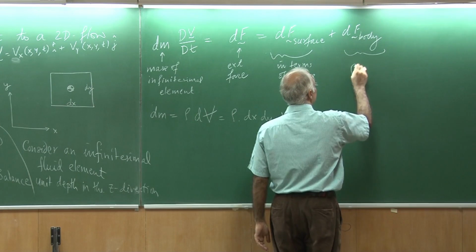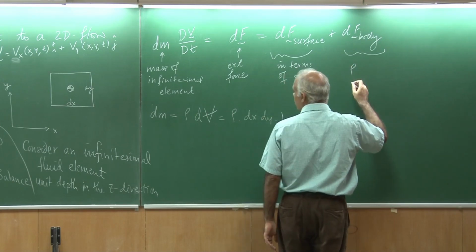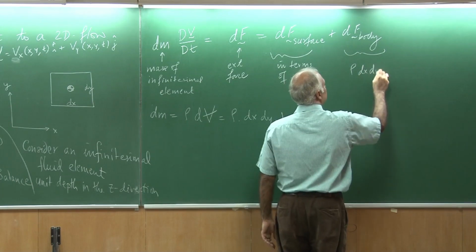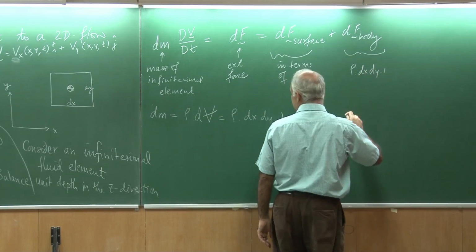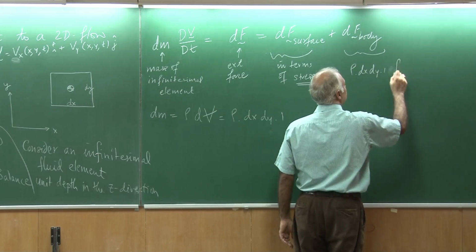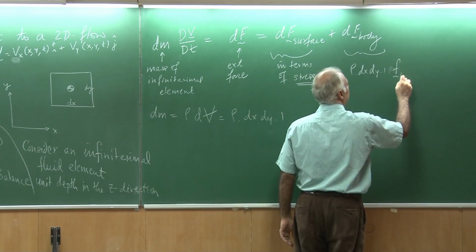So, this would then be something like rho times dx dy times 1. So, that is the mass, and I would multiply this with the body force Fb.